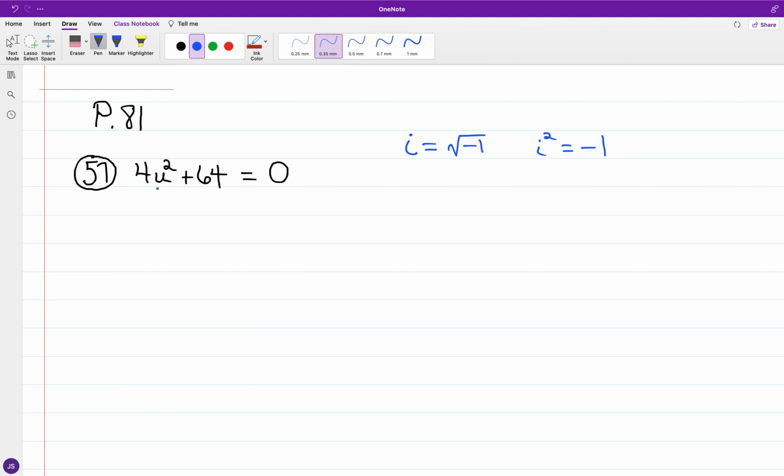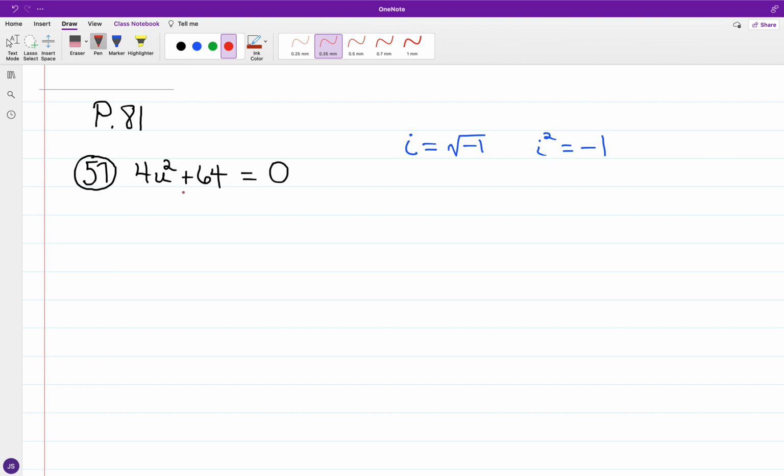Now, in the case of number 57, we're looking at solving for u, whereupon we have 4u squared plus 64 is equal to 0. So for what we have here, we can isolate the variable term.